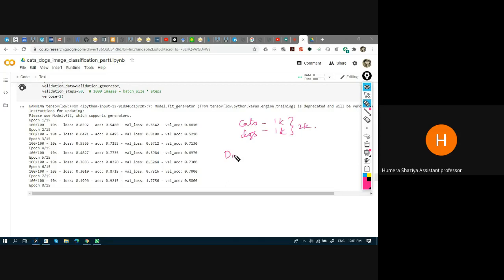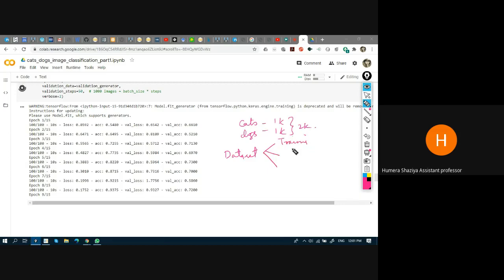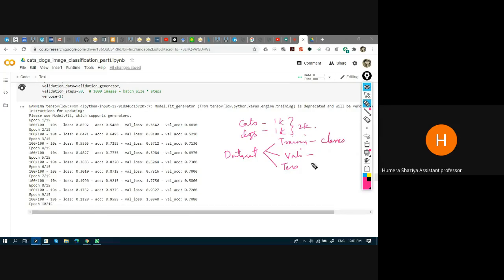Our data set is divided into three parts: training, validation, testing. If I give you an analogy, training is like taking classes for you all, and validation means conducting internal exams. Testing is conducting external exams.